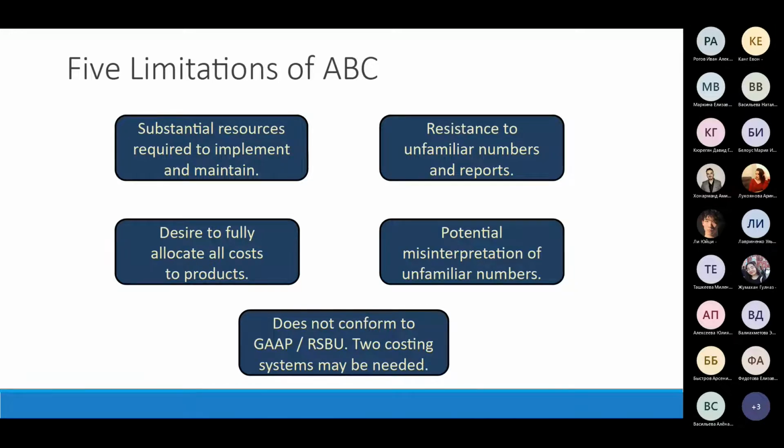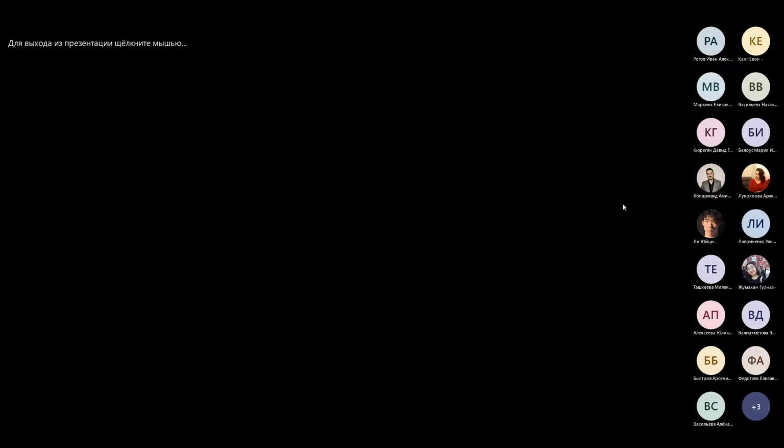But of course, some resources will be needed, and the cost of this development is also very significant. So to develop an individual module for management accounting is not very cheap. So I think that's shortly all about the ABC costing.